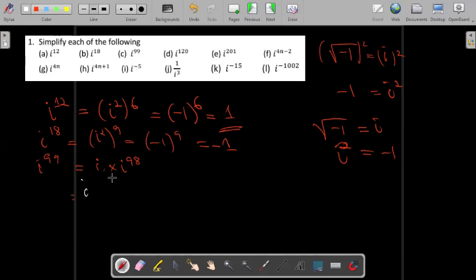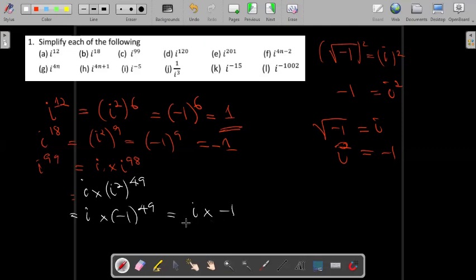The other part, I can write by factoring out i squared: 2 divided into 98 gives 49. So this gives you i multiplied by (i squared) to the 49, and i squared is just -1, so (-1) to the 49. 49 is an odd power, so you're going to get -1.